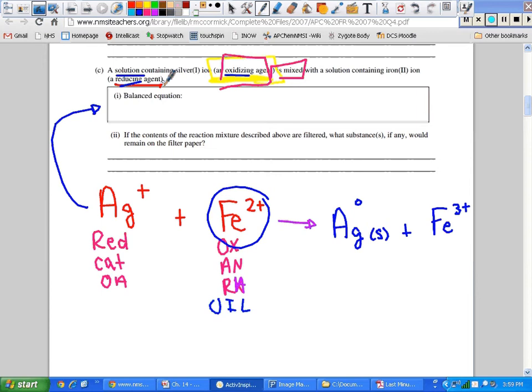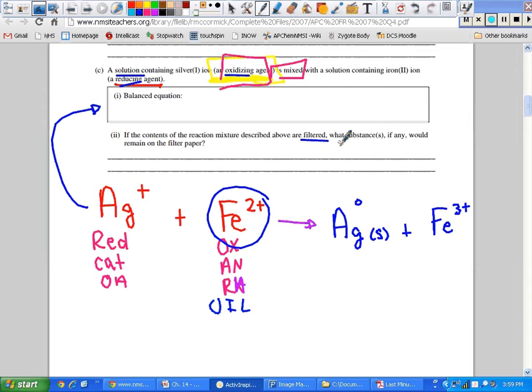Qualitative. If the contents of the reaction mixture described above are filtered, what substance, if any, would remain on the filter paper? The little pieces of silver. Exactly. So the silver, little Ag particles, because it would not pass the filter because it has turned solid.